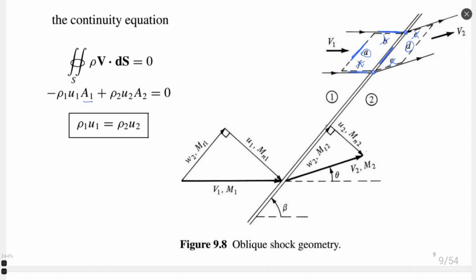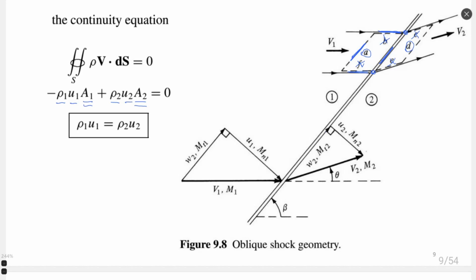Here the area of flow is the same. As I told you, A and D have the same size. We have density and velocity which enter the control volume, and density and velocity which exit from the control volume.